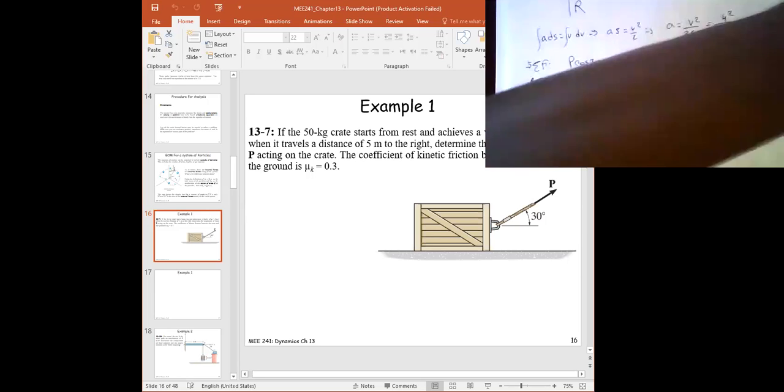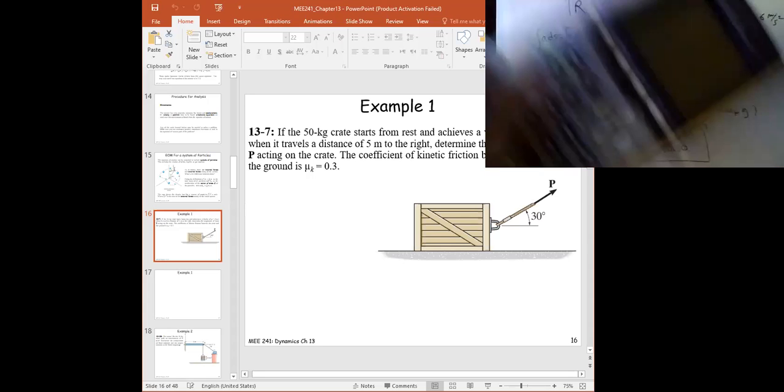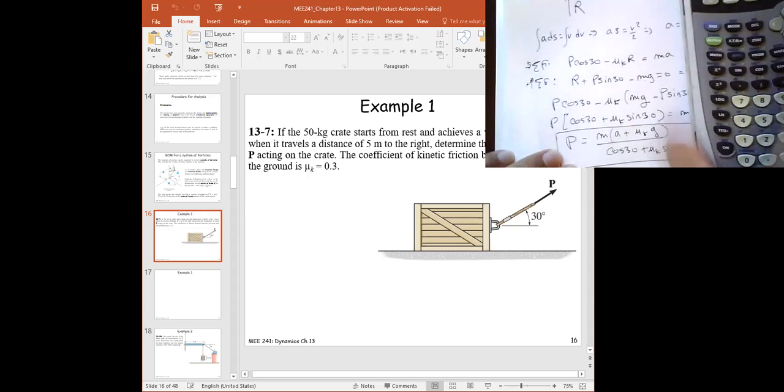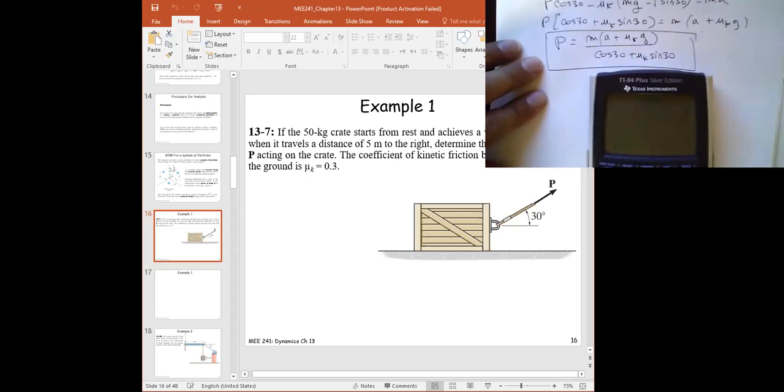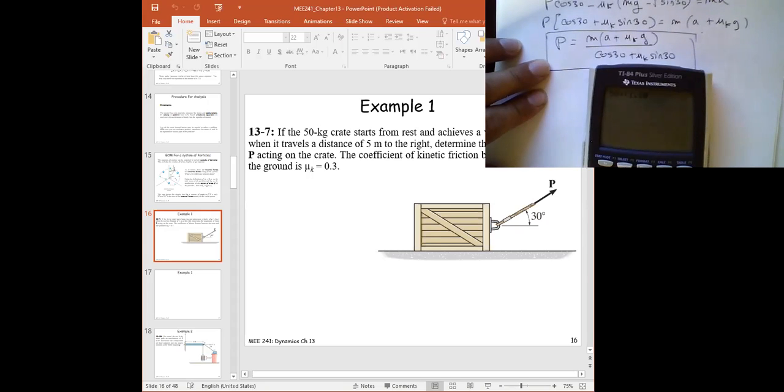Okay, so maybe we should try this. How do I actually get the value for that? What is the value for the mass here? 50 kilograms. So 50 multiplied by 1.6 plus mu k, which is equal to 0.3 times 9.8, right?